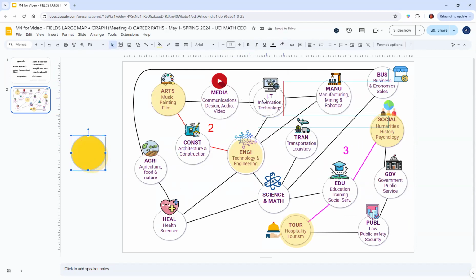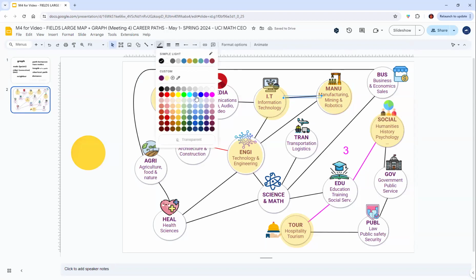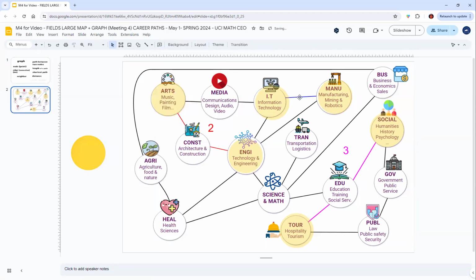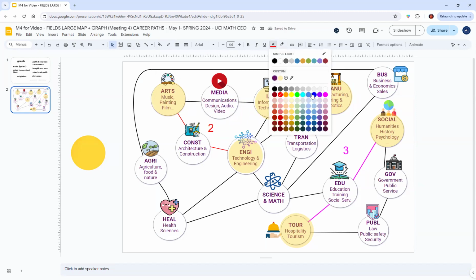Another example, information technology and manufacturing. Since they're neighbors, then the shortest path is just this edge connecting it. So it's an edge that in particular, it's a path. And the distance is 1. So whenever the distance is 1, it's another way to say that you are neighbors, that you are as close as possible without being equal.